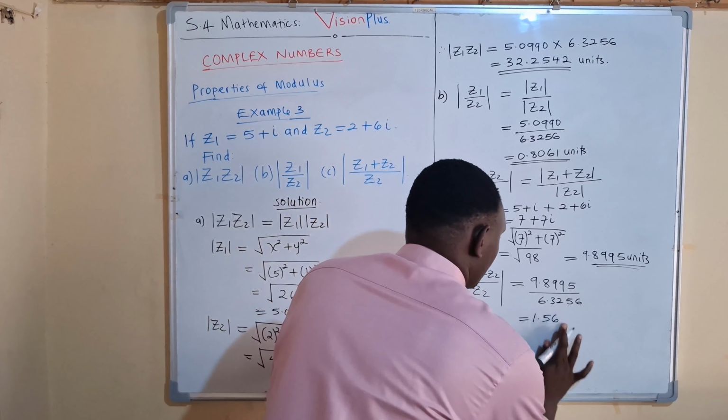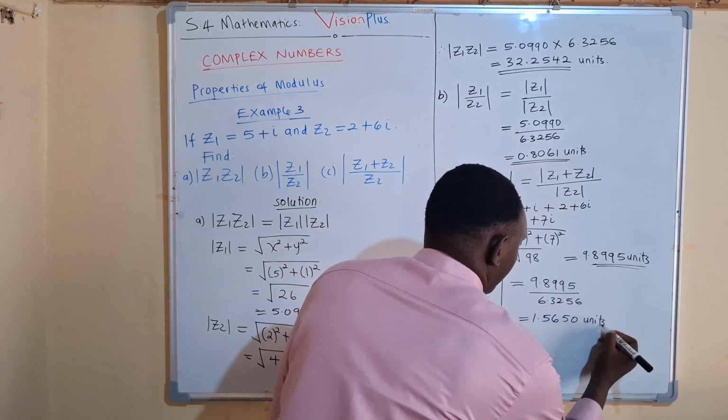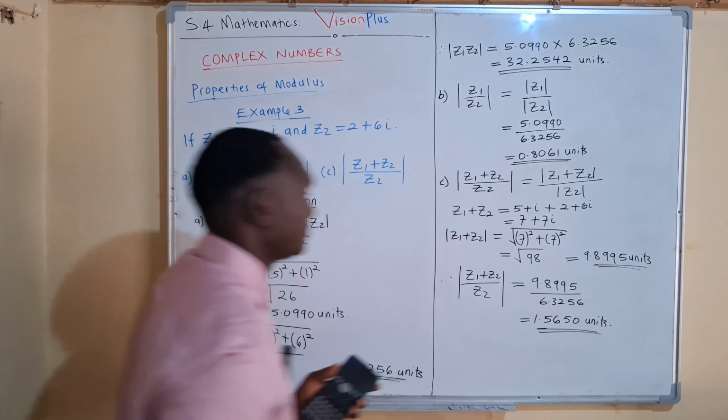So here we could just round to 1.5650 units. So this is the solution.